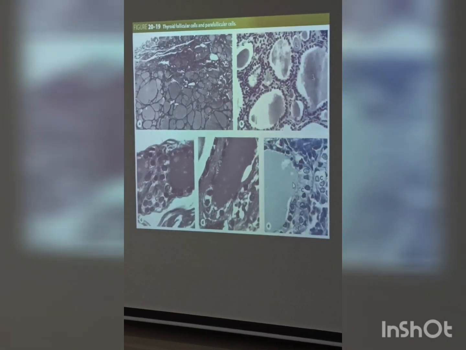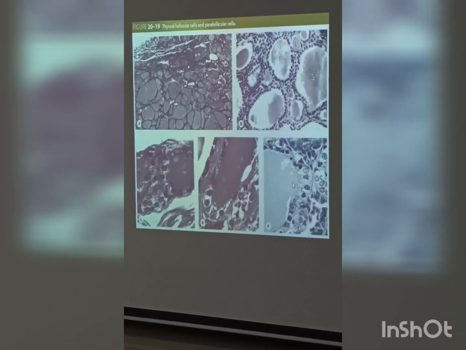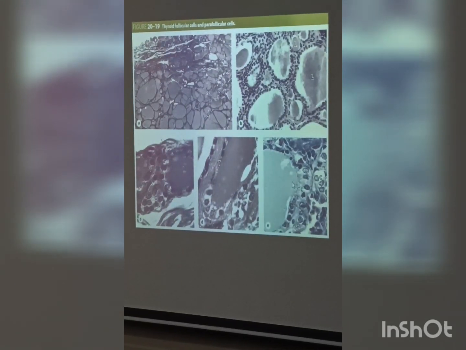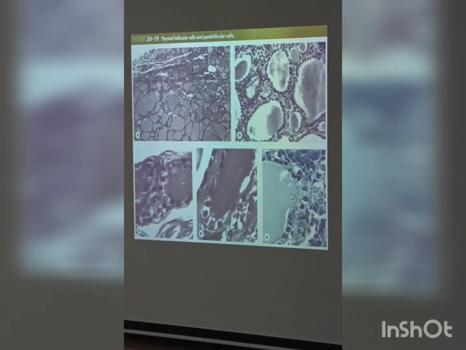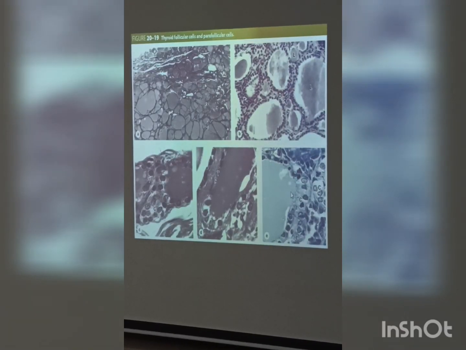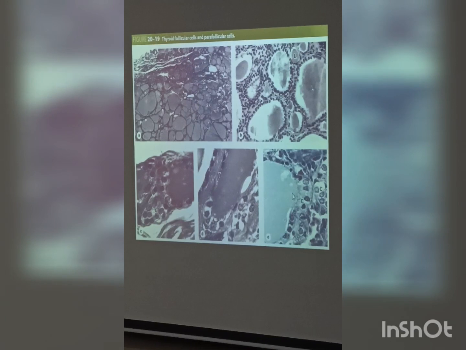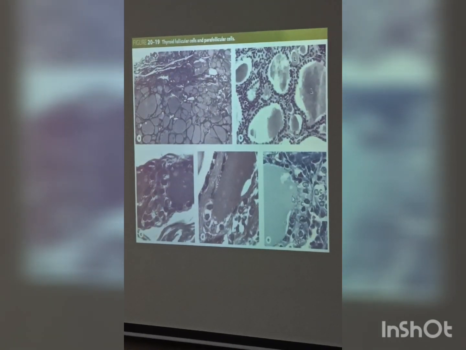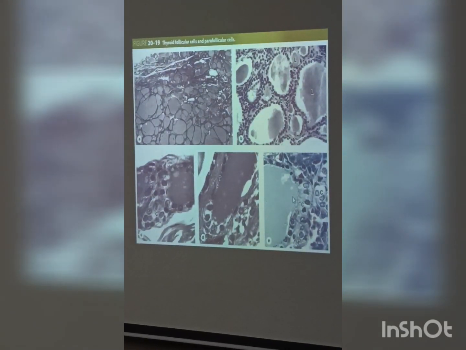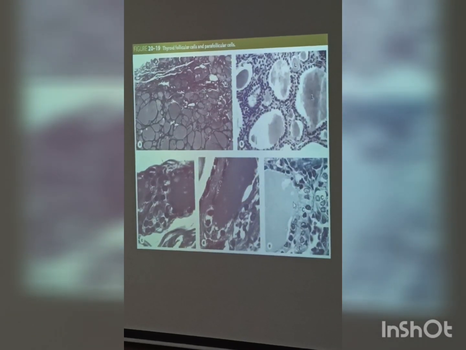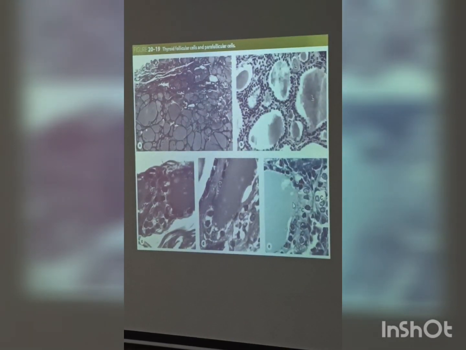So the size and activity depend on this: if there is hypothyroidism or the cells are not functioning, this simple cuboidal epithelial lining could become simple squamous. And if they are in a hyperfunctioning state, they could be as tall as columnar. So it means the epithelium can vary.